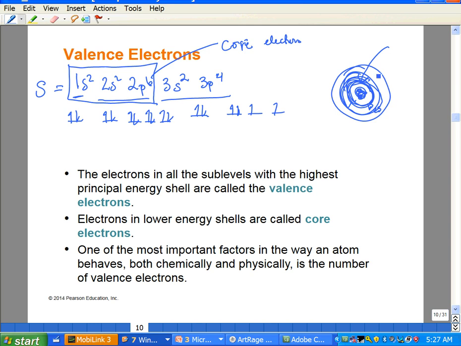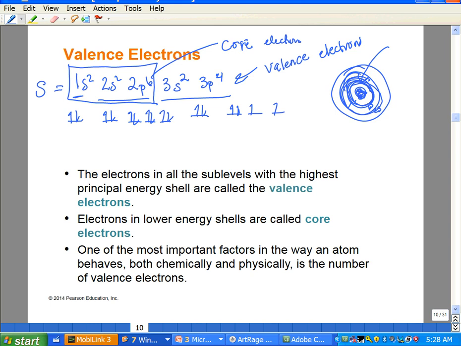The ones at the highest energy level that are not all the way filled are called valence electrons. And down here you have writing that summarizes that. It says the electrons in all the sublevels with the highest value energy shell are called the valence electrons. Electrons in the lower energy shells are called the core electrons.